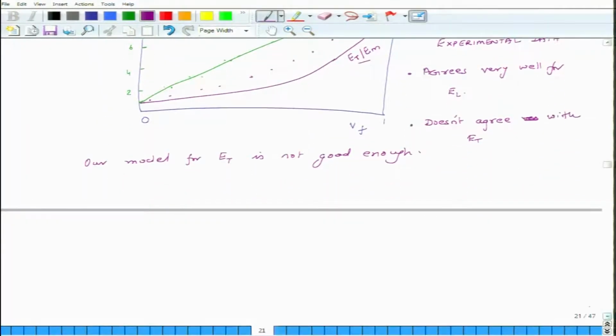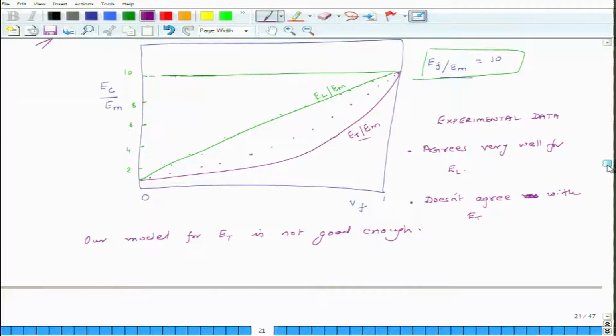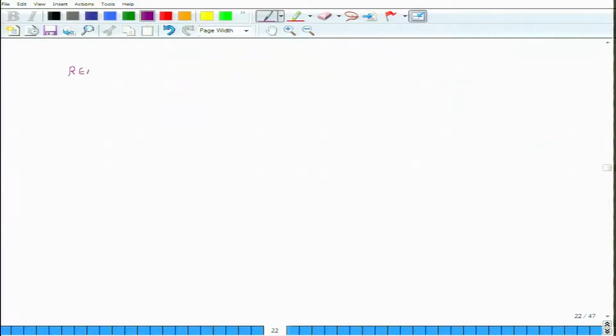So what do we do? Before I explain how we compute the value of E_t, we should try to understand why this model does not predict the value of E_t reliably enough. There are a couple of factors. So let us look at some of these factors.